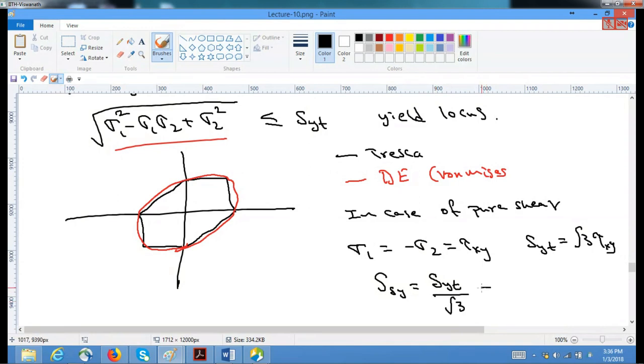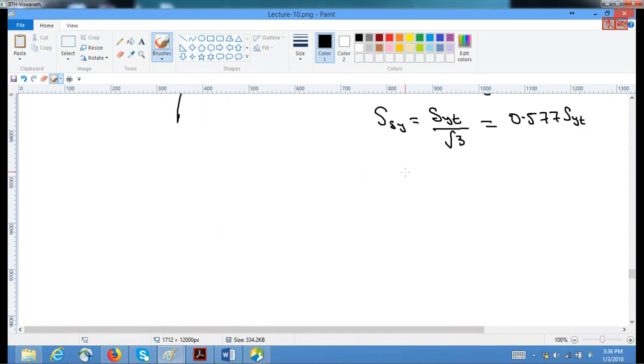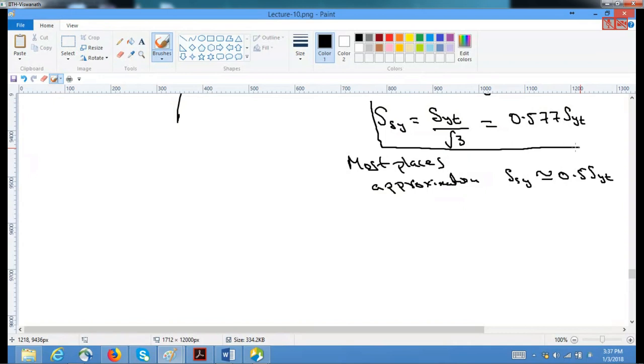That makes it 0.577 SYT. You see that people generally, in most places, approximate it as 0.5 times SYT. Whereas if you predict from the distortional energy, it is given by 0.577.